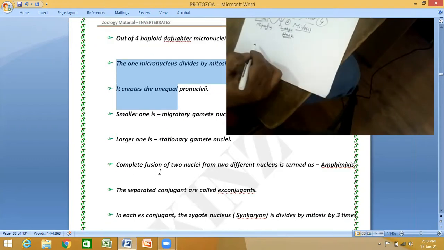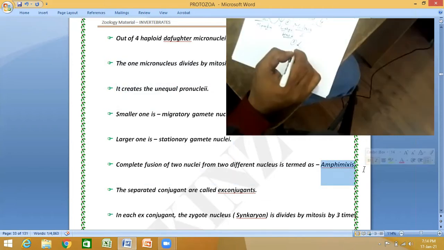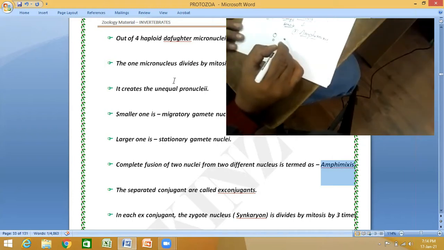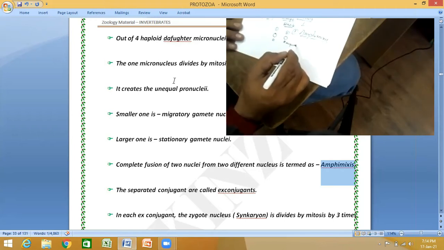The complete fusion of two nuclei from two different paramecia is termed amphimixis. A large and a small nucleus are created in one paramecium, and in the second paramecium also there is a large and a small one. The small is migratory, the large is stable.